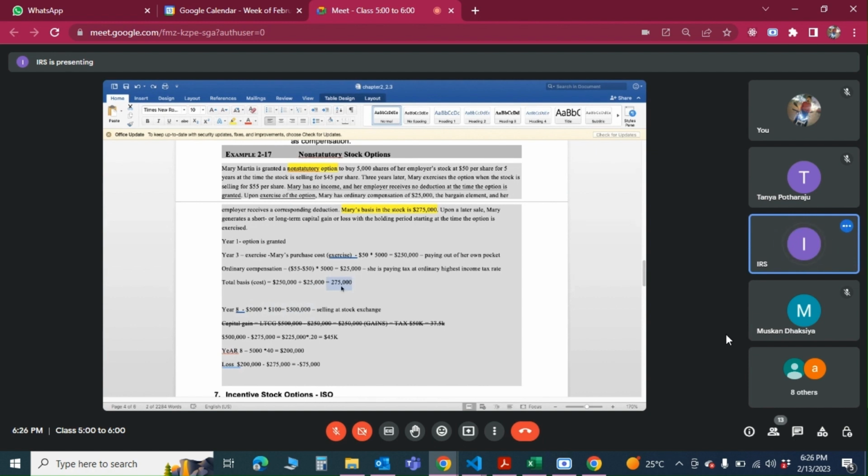That's the capital gain. So 500,000 minus 275,000, $225,000, is her long-term capital gain, on which she's paying 20%. So she'll be paying $45,000 in taxes.